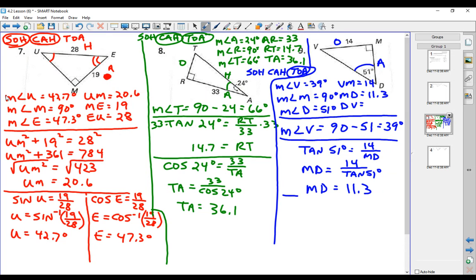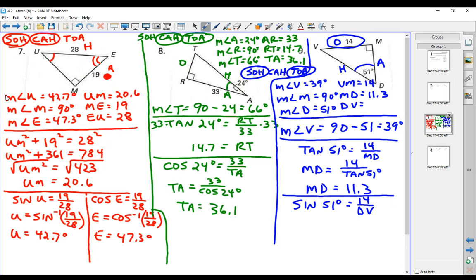Now, as far as DV is concerned, DV is the hypotenuse of the triangle, and I know the opposite side, so opposite and hypotenuse is sine. So let's use the sine function for that. So the sine of 51 degrees is equal to the opposite side, which is 14, over the hypotenuse, which is side DV.